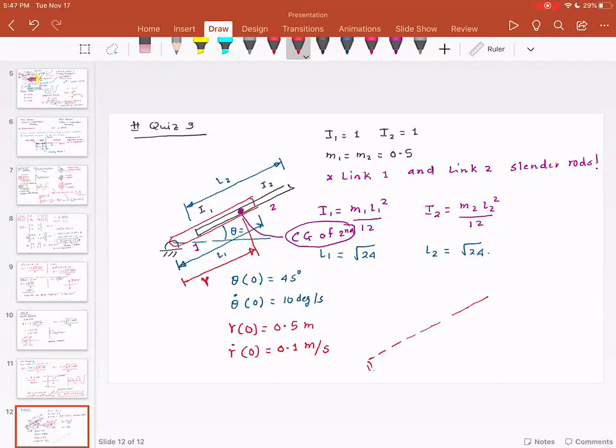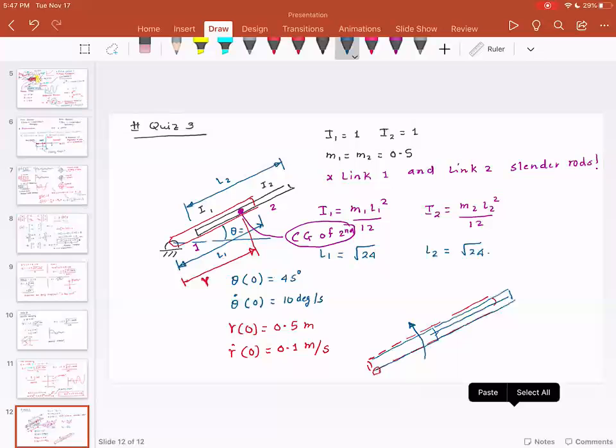You have this robot wherein initially this length is something like this, and as this robot turns, this starts extending and goes forward. So from a solution point of view, you will not have any problem.